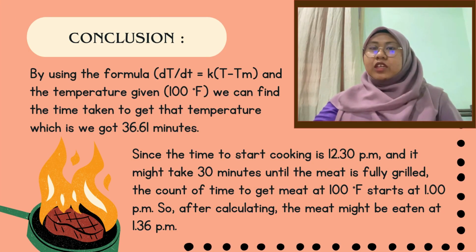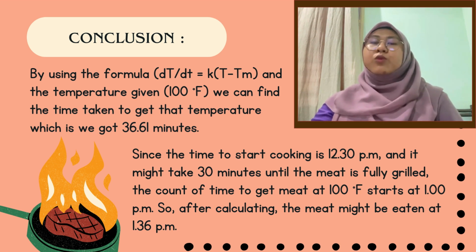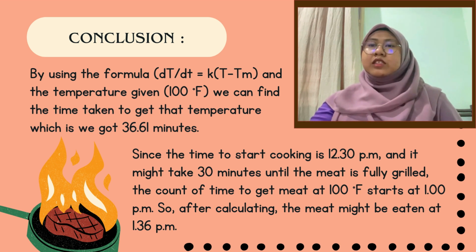To conclude, using the given formula, we can determine the time required for the meat to be safely consumed at a temperature of 100 Fahrenheit. Based on the calculation, we can predict that the temperature of the meat will drop to 100 degrees Fahrenheit after approximately 36.61 minutes, assuming the cooking process is done at 1 p.m. after the meat is fully grilled.